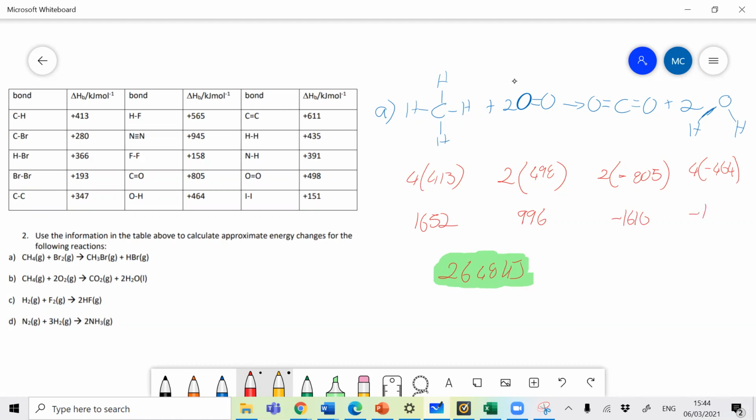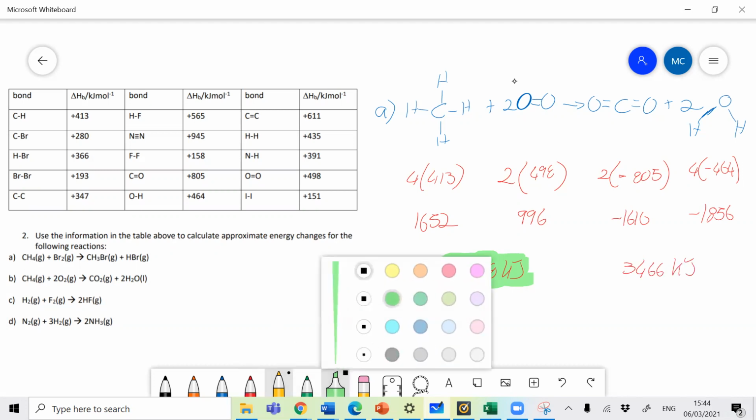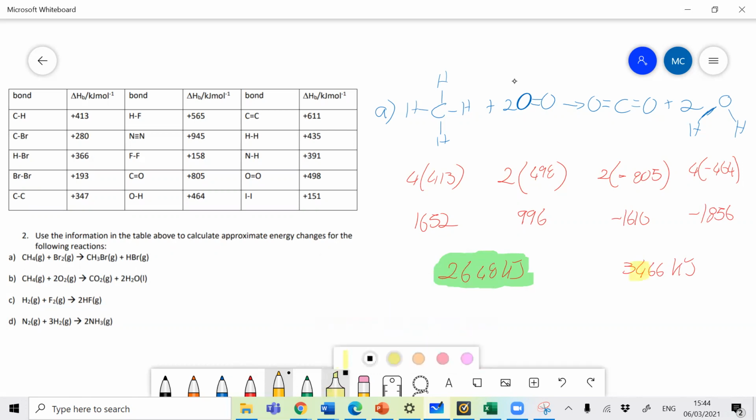Okay, and minus 1856, and this will be a total of 3466 kilojoules. And this is going to be in yellow.